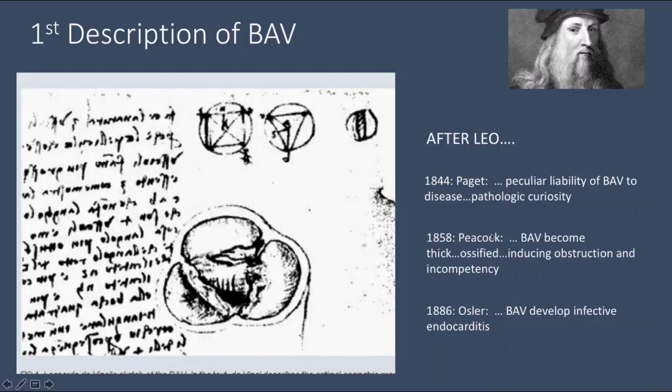And then in 1858, a London doctor, Peacock, noted that the bicuspid valve becomes thick and ossified and induces obstruction and incompetency. And then in 1886, Osler linked bicuspid aortic valve with endocarditis.